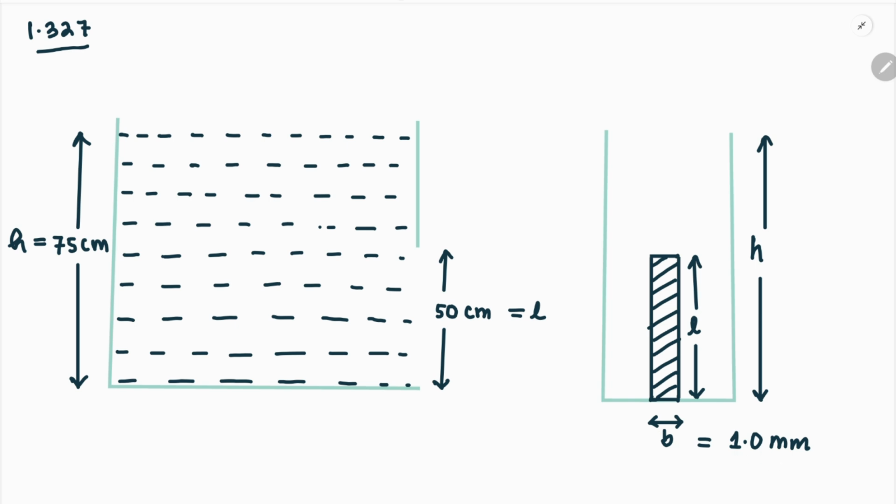Now the problem is because of the difference in vertical level of the fluid is different at different points on the slit, the velocity of flow will also be different. So if at a distance x from the surface, we select a point, then this point will have a flow velocity v being equal to root over 2gx.